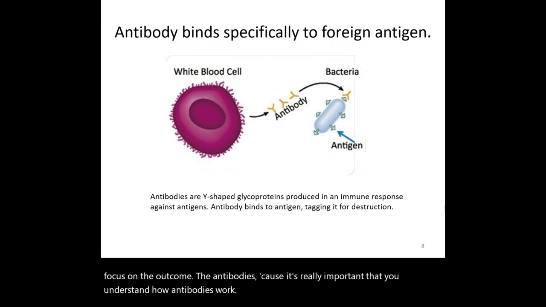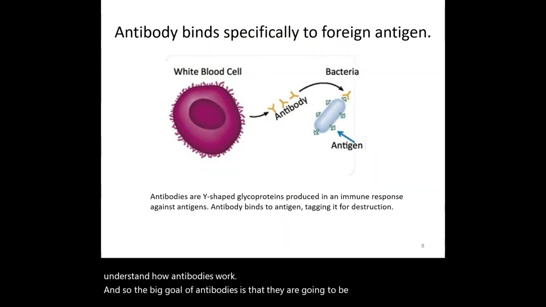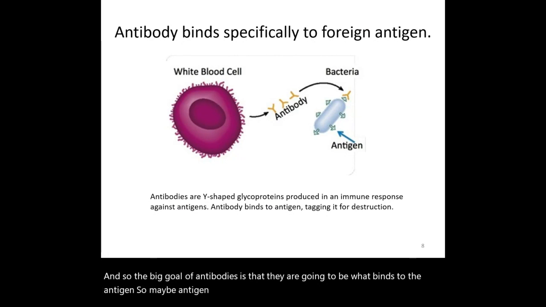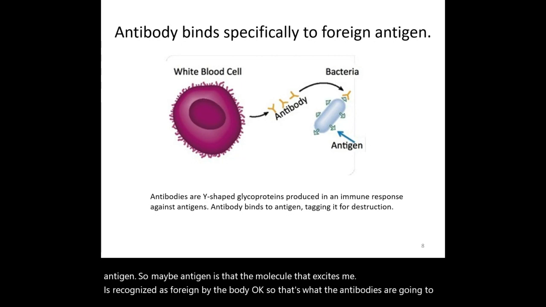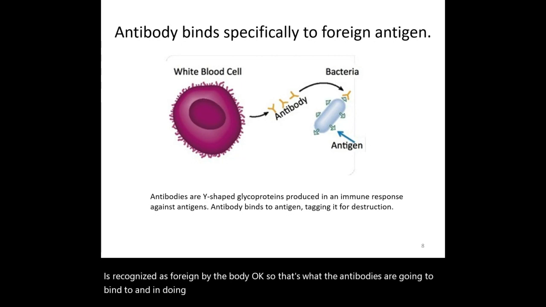The big goal of antibodies is that they are what binds to the antigen. The antigen is the molecule that is recognized as foreign by the body. That's what the antibodies are going to bind to, and in doing so, it targets them for destruction.